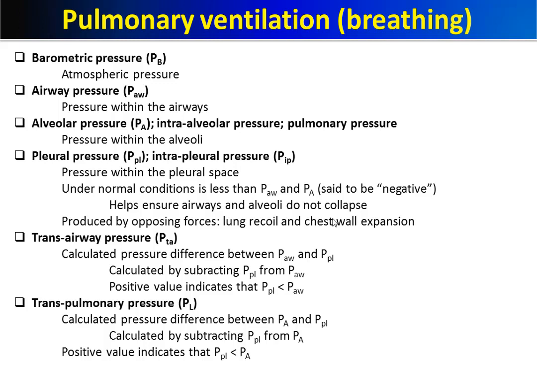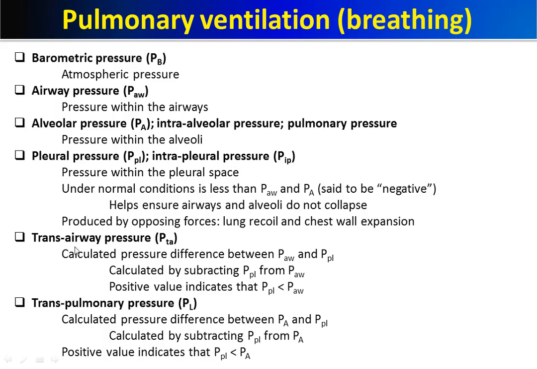This is good for the lungs because they are surrounded by a space which tends to shrink, and this facilitates the process of lung expansion, as we will see. The negativity of the intrapleural pressure is because of two opposing forces acting on the pleural sac, as we will describe during this learning activity.